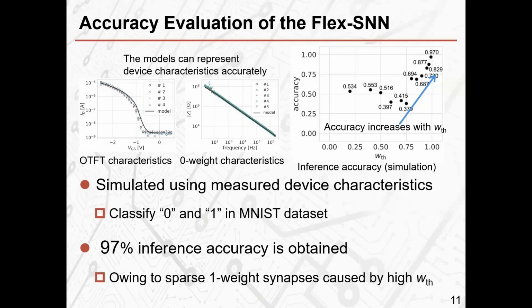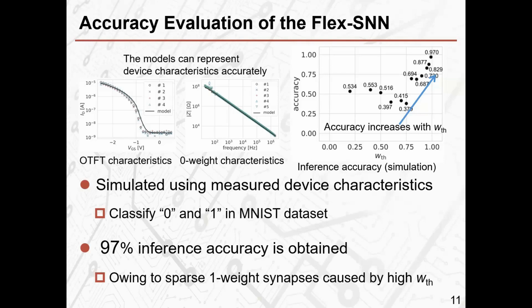This result means a higher WTH improves the inference accuracy, and a higher WTH makes the one-way synapses sparser, and sparse one-way synapses reduce the sneak paths in the Flex-SNN circuits.